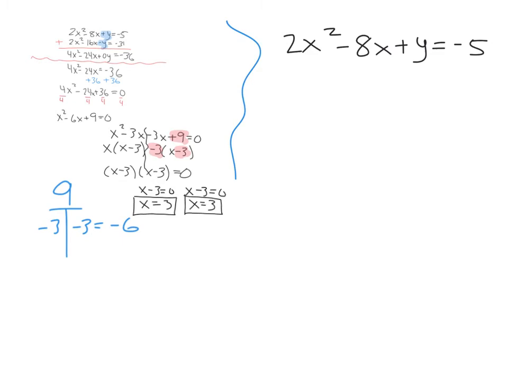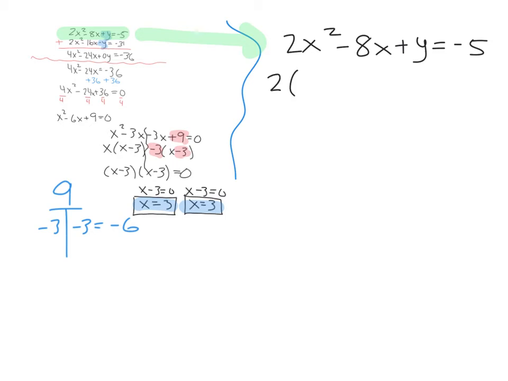And I went ahead and found that x was going to equal 3. So I'm going to plug 3 in for x to find my value of y. And so let's go ahead and do that.